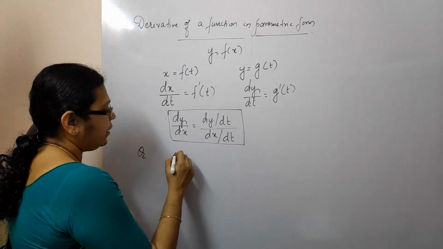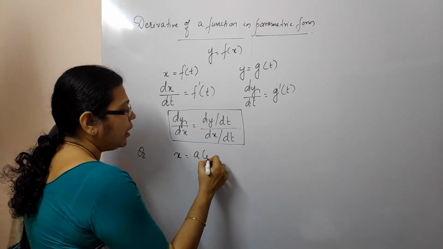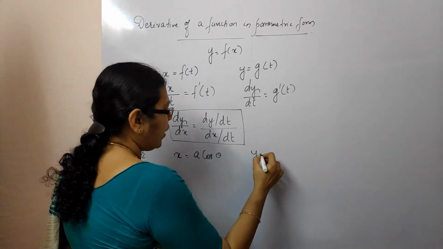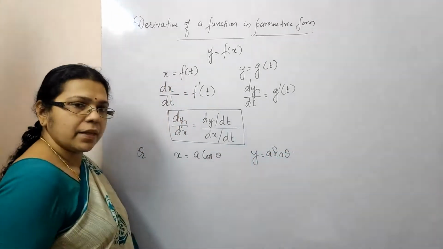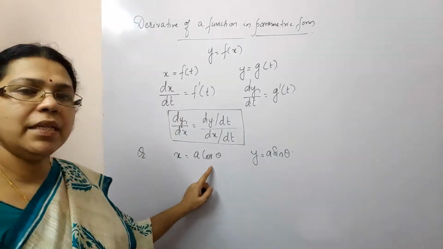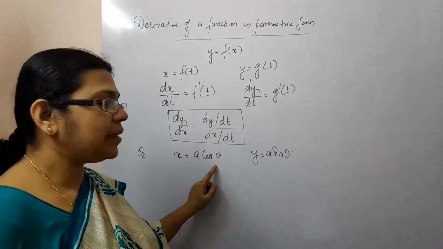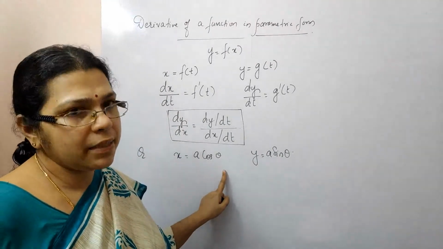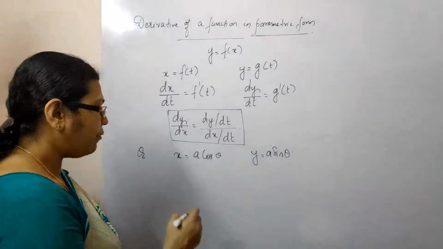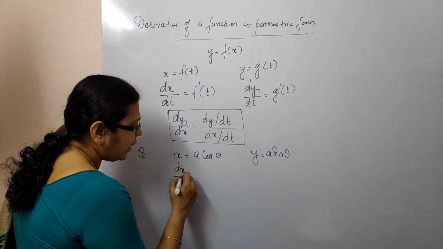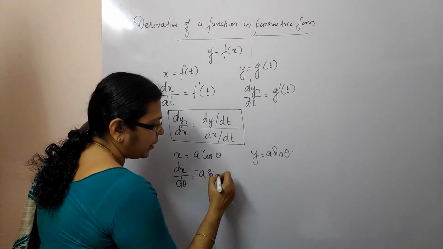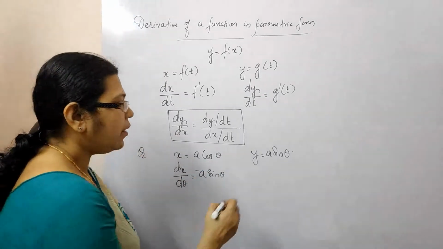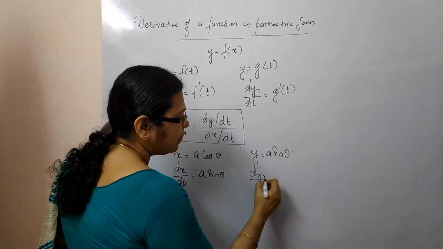Another question where x is equal to a cos theta and y is equal to a sin theta. A very simple example. Now what is the parameter here in this question? The parameter is theta. So I first find dx by d theta. What is dx by d theta? a into minus sin theta. Now what is dy by d theta?